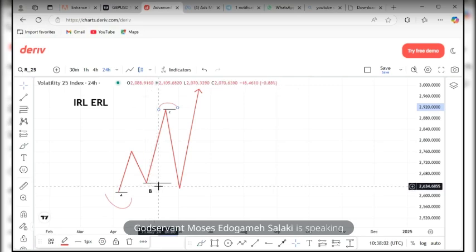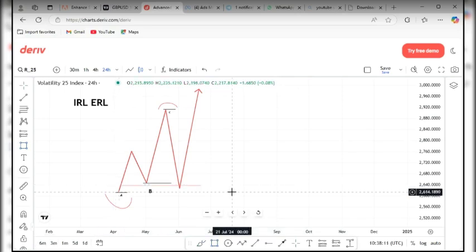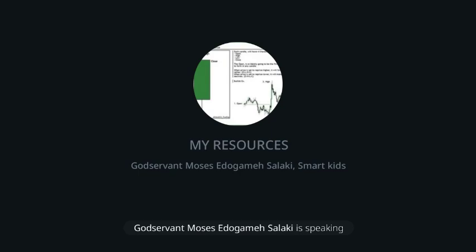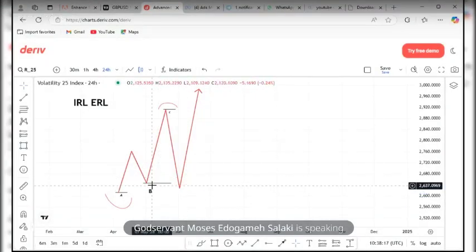That's where you want to look out for. Sometimes price might have a fair value gap below this, or you can just target this internal range liquidity, but price always comes to capture this internal range liquidity.